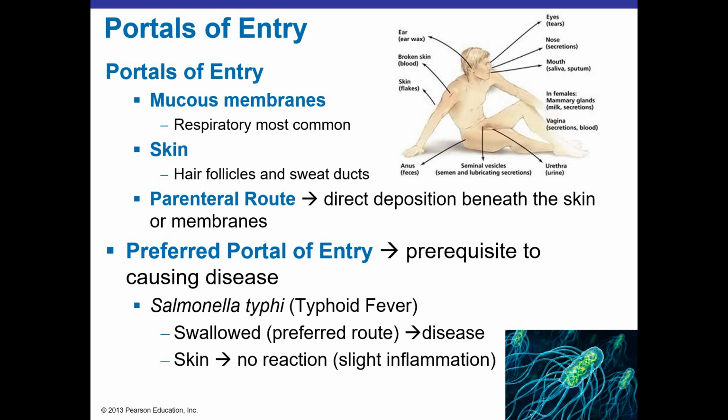The portal of entry is going to be through the GI mucosa, so being swallowed is its preferred route, and if that occurs, then you can get the disease. If you get the organism on your skin, maybe you get a slight inflammation, but you're not going to get typhoid fever. So that's why certain organisms cause respiratory diseases, others GI diseases, skin diseases.